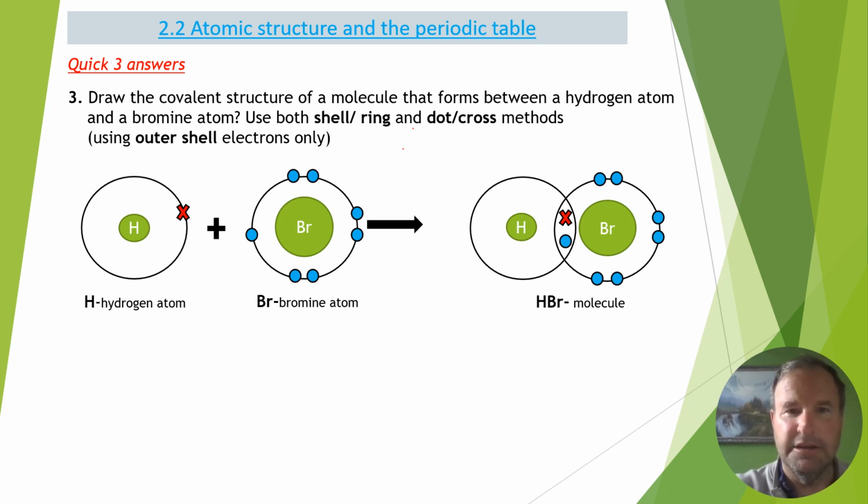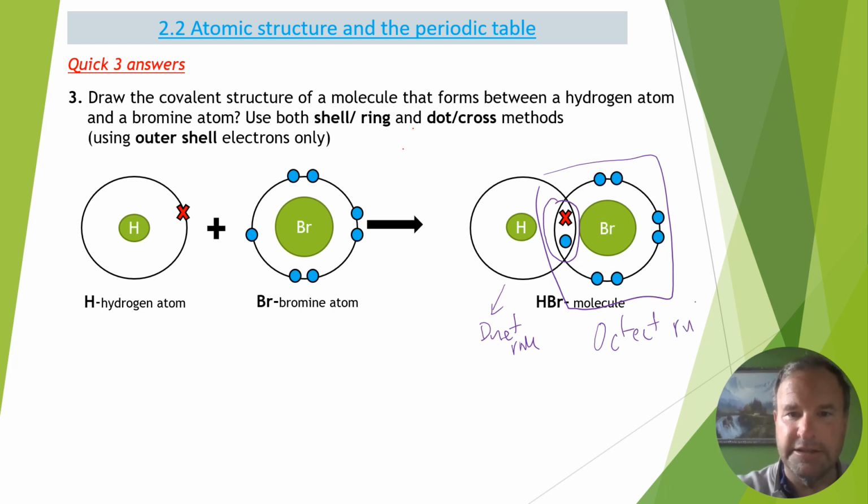And you can see that hydrogen shares 1 electron with bromine to get its full complement, the duet rule of 2 electrons. And you see bromine here shares 1 electron with hydrogen to get its octet rule, so a full complement of 8 electrons. It does that by sharing 1.